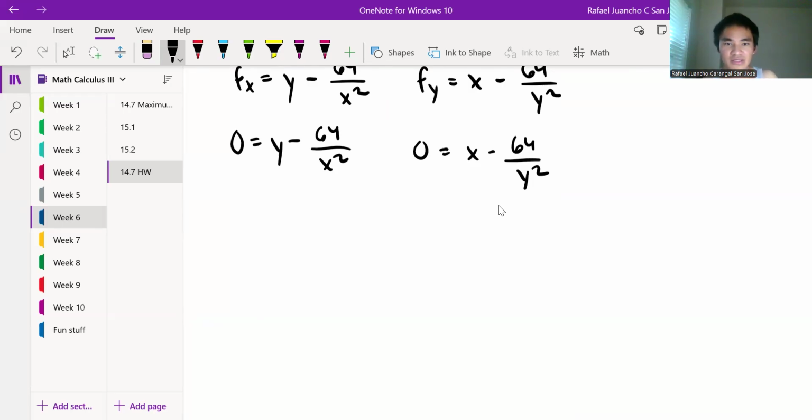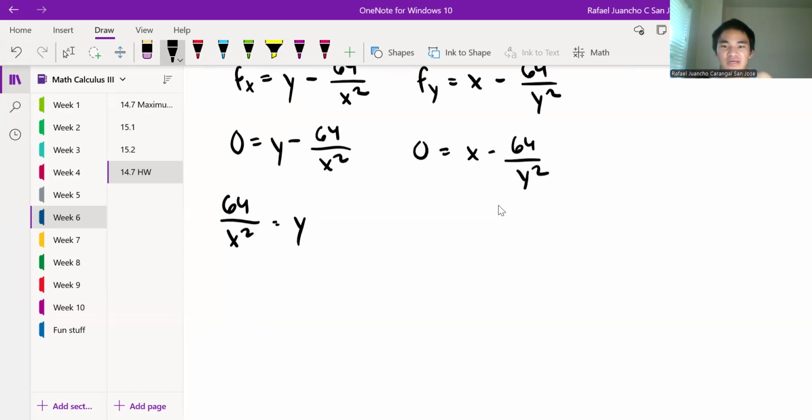Here, let me translate it. I get 64 over x squared is equal to y. Then maybe, how do I connect these two? Oh, so now I have a system actually.